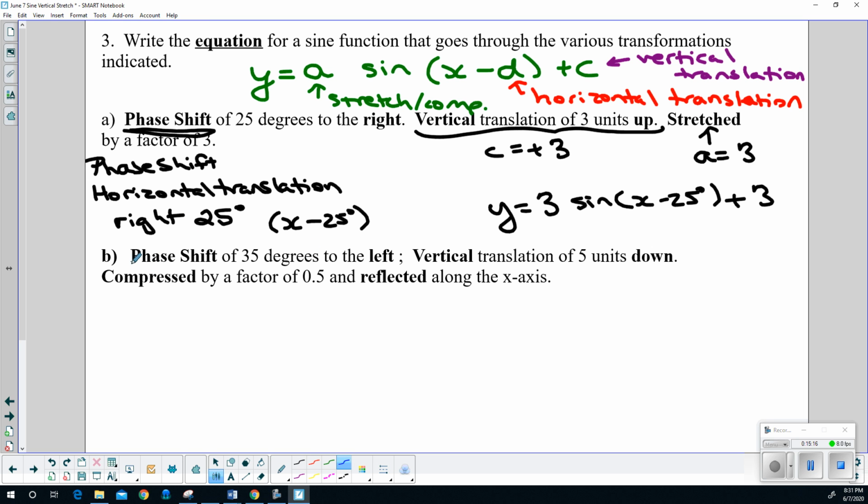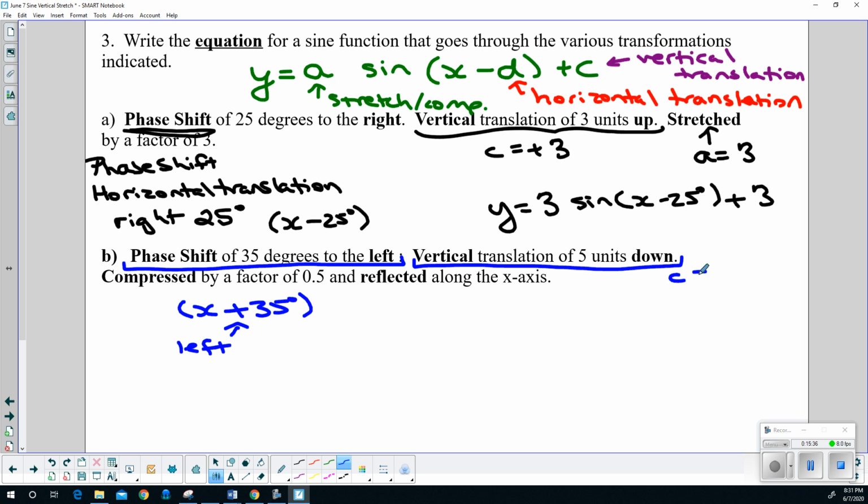Okay, let's try the next one. So let's see. I have a phase shift of 35 degrees to the left. So that means I'm going to have an x plus 35 degrees because I'm going to the left. Right? X's are opposite to what we think they should be. We have a vertical translation of 5 units down. So that means my c value is going to be down 5.